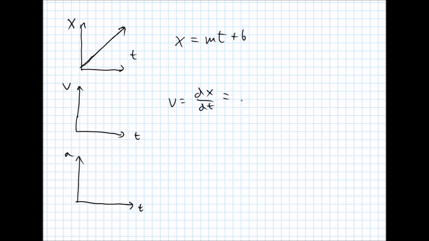So that'll be m. That's easy. And the acceleration, I'm getting a 0, right? The derivative of a constant, m, is 0. So for velocity, here we had a constant velocity and an acceleration of 0, which I can still graph like that. And so there's another possibility. Now there are many others, but these are probably the most common.